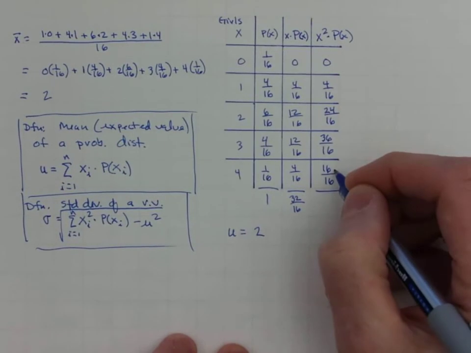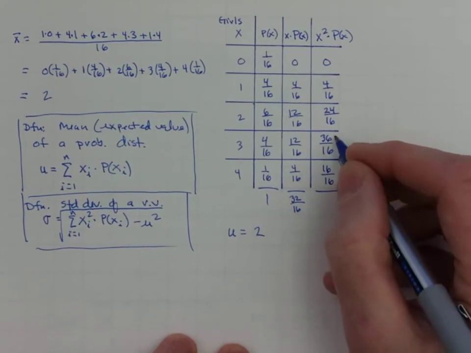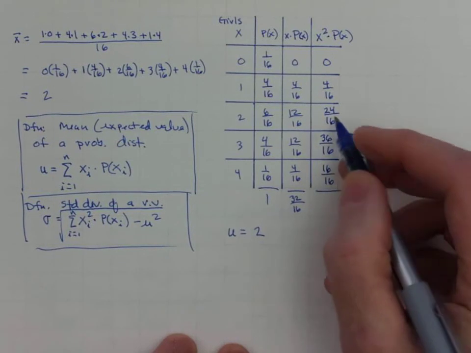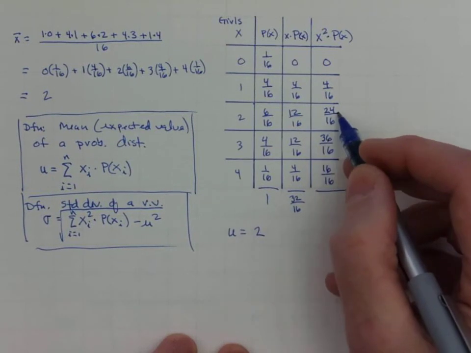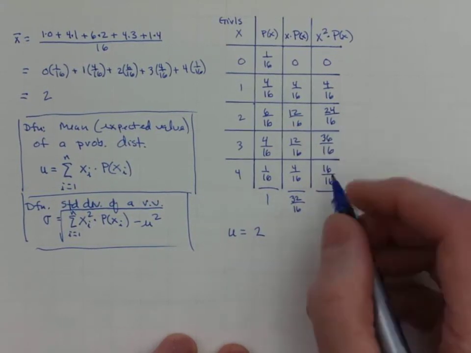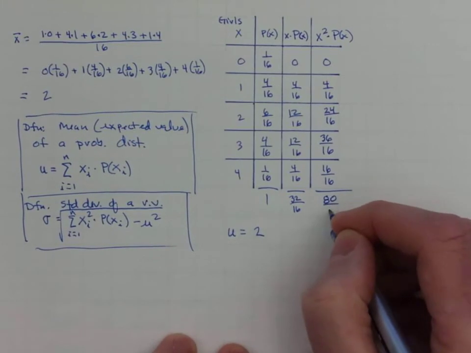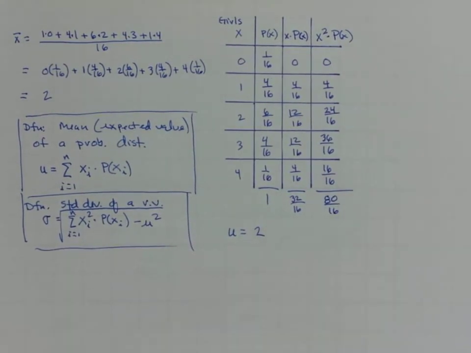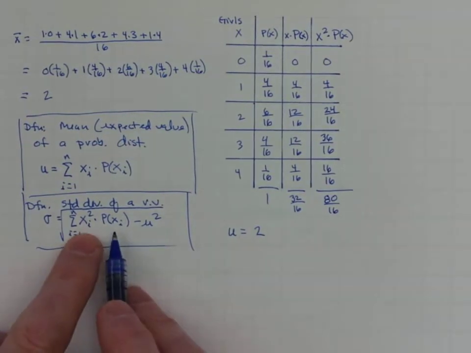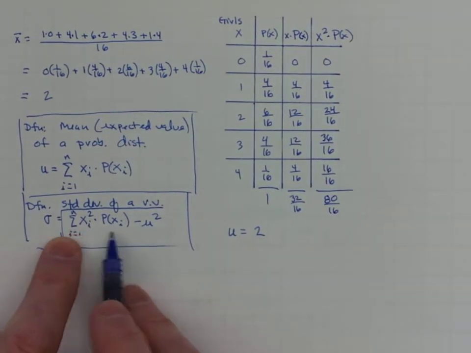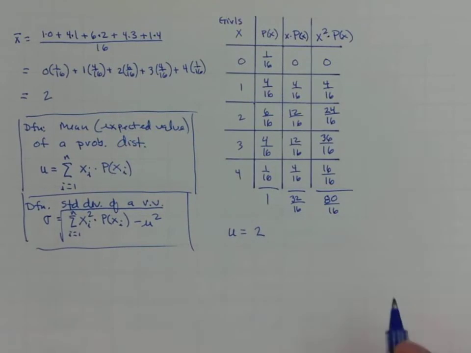So if I start adding these up, I have 16/16 and 36/16. Let's see, that's 52, 62, 72, 76, 80/16. Now that's not yet the variance or the standard deviation. All that is this part of the calculation, summing up the x squareds times the p of x squareds.